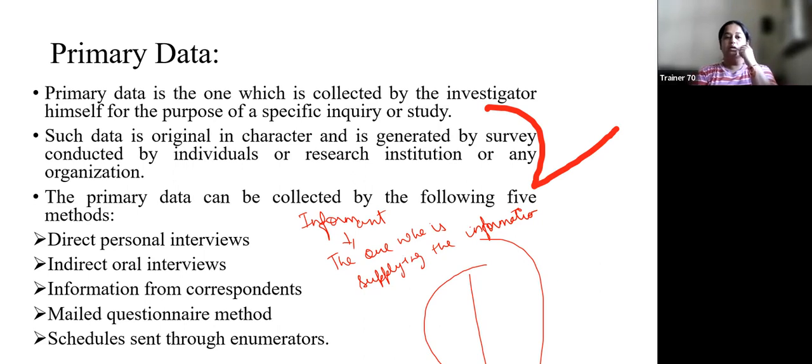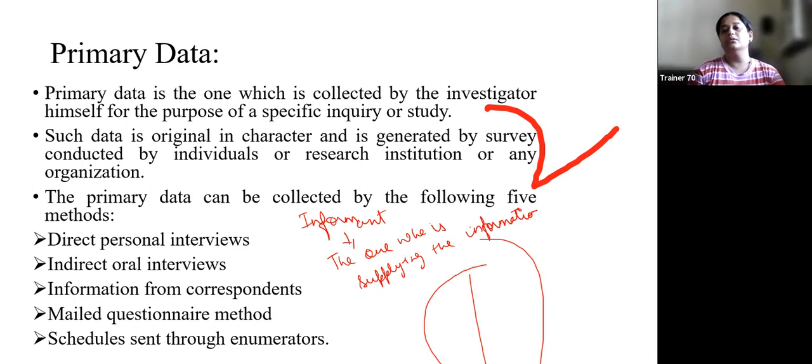Disadvantage is that the direct personal interviews can be conducted in a limited area or a limited field only. एक class में 60 students को inquire करना is possible, but if I want to inquire the entire population of that particular area, that is not possible. That could be time consuming, that could be cost consuming.